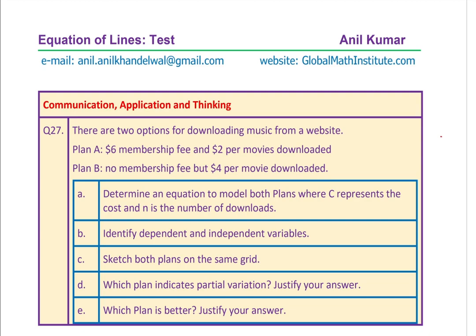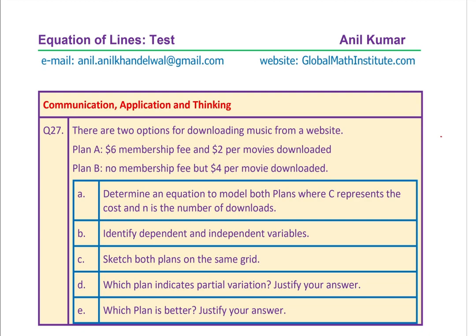D. Which plan indicates partial variation? Justify your answer. E. Which plan is better? Justify your answer. So these are communication, application, thinking questions which need some more focus and are slightly more difficult than the previous ones.